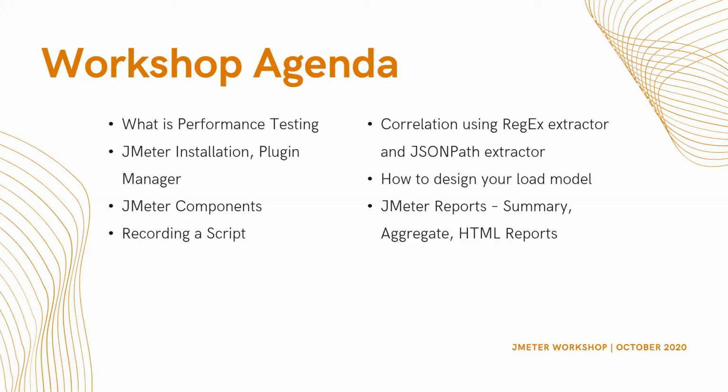Then we'll start with recording the script, and how to enhance that script with correlations using regex and JSON path extractor. How you can design your own load model: once your script is designed, how you can design the load model and inject the load. And at the end, we'll explain the different kinds of reports in JMeter, which are summary report, aggregate report, and HTML reporting. So that's our agenda.